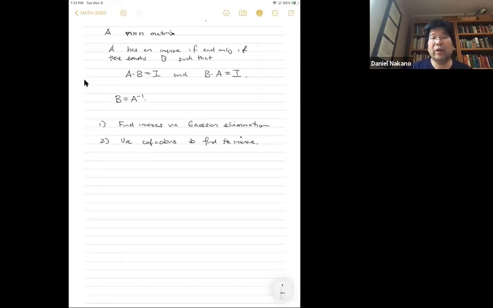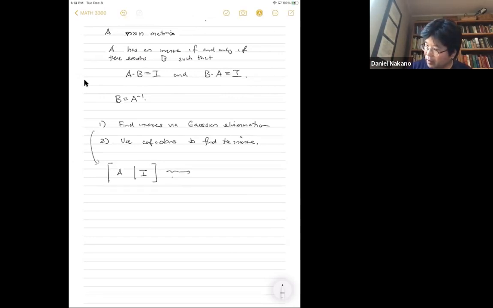For the first way, what you do is you start out by putting the matrix A over here, and then you put the identity on the right-hand side. Then you perform Gaussian elimination and transform A into the identity, and on the right, the I part, you're keeping track of how to find the inverse.